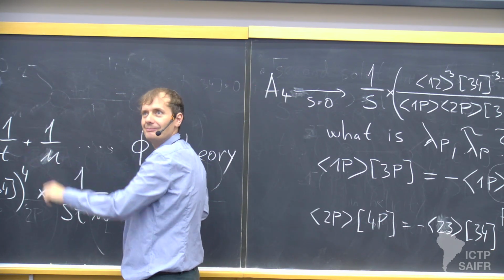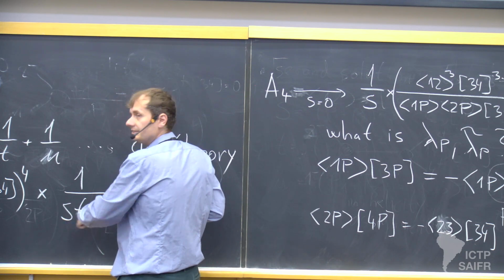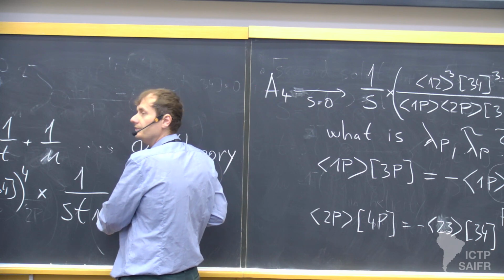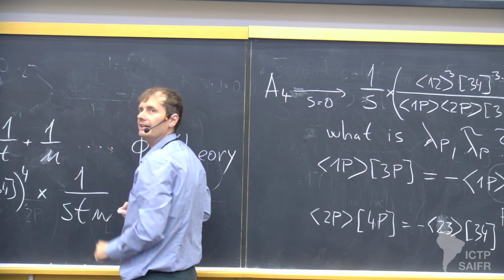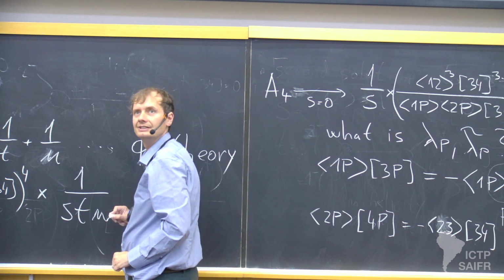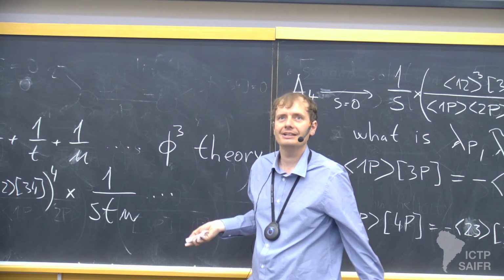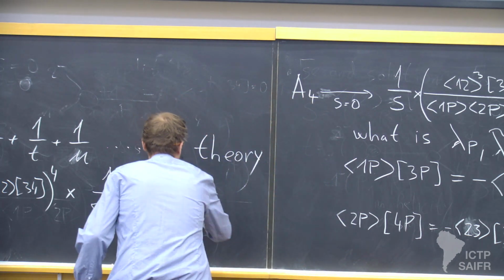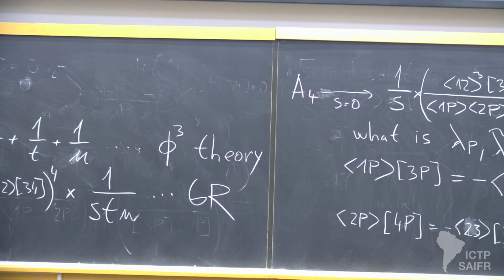On the T-pole, S and U are the same, and you get S squared, or U squared. And the same thing on the U-pole. So this expression satisfies all 3 conditions. And this is the 4-point amplitude in GR.